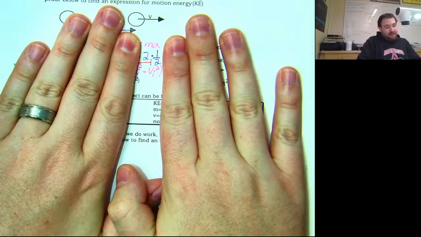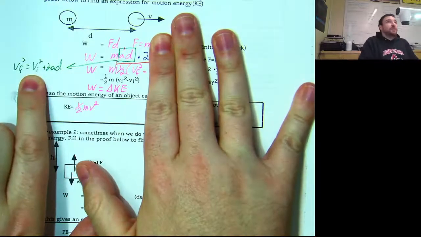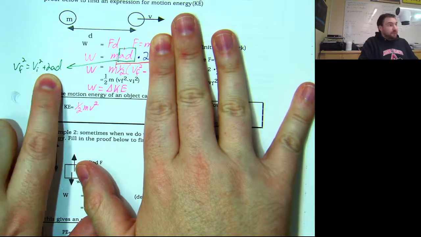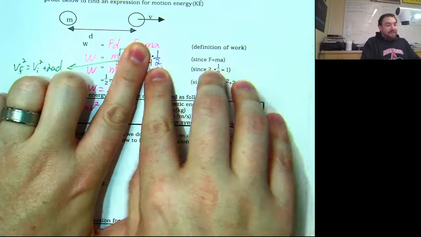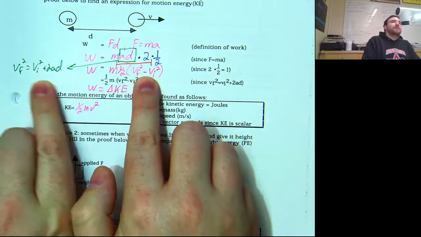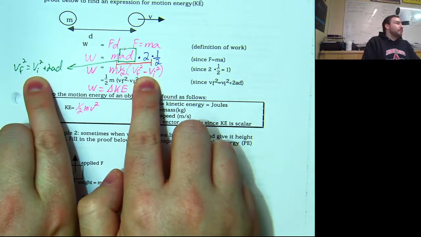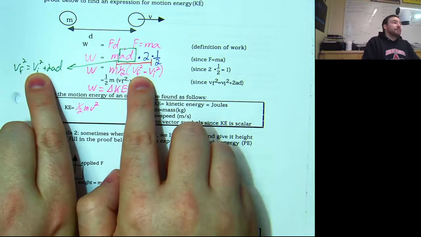By doing that, I could take this 2ad and turn it into Vf squared minus Vi squared, because that's going to be equal to 2ad. That leaves me this half m, and the 2ad becomes Vf squared minus Vi squared. I substituted it in here.